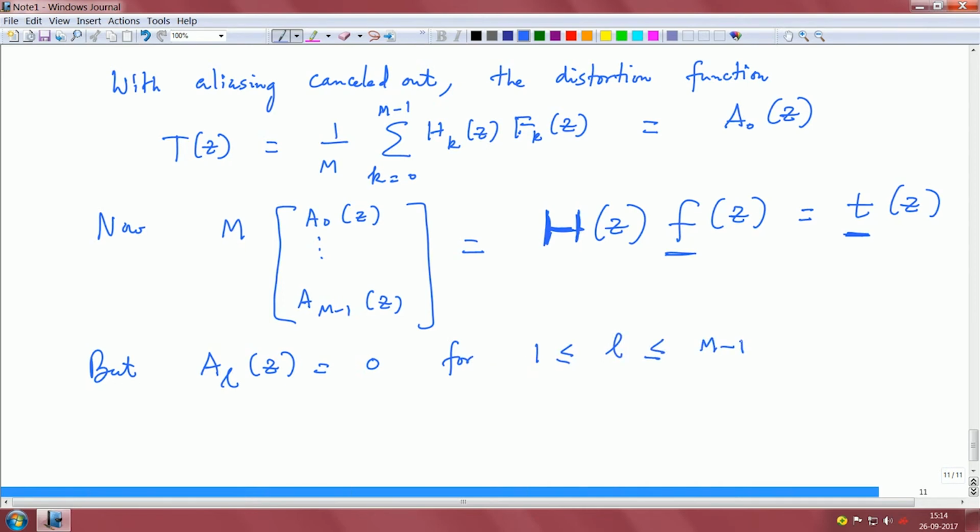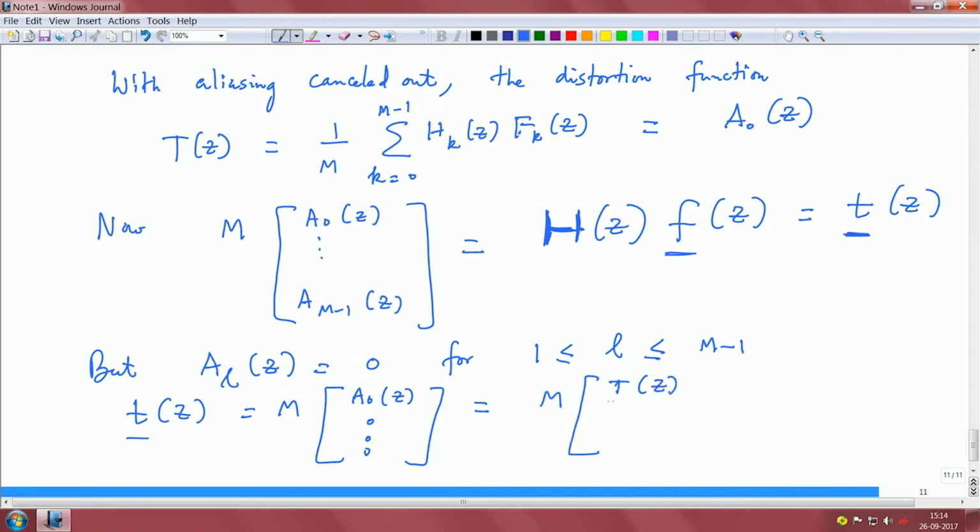So, since this has to be forced to 0, our T of z is essentially of the form m times A naught of z, the rest being zeros, and this is m times T of z, which is your overall distortion function with aliasing cancelled out, and the rest all being zeros. Okay.